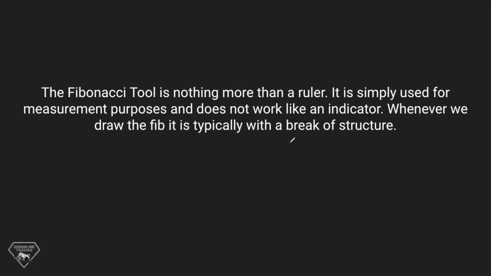The way you could think about the fib is it's just 0 to 100%. The main level that I look at is right in the middle, the 50%. And then for targets, we look for the 62 all the way up to the 88.